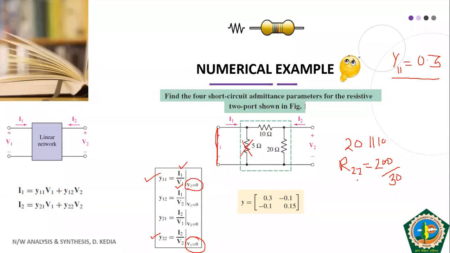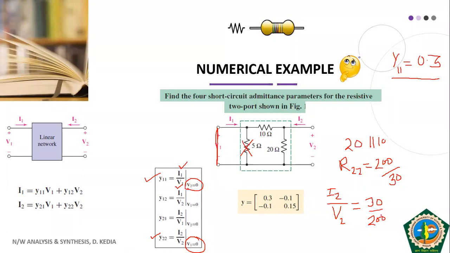Fine. And R22 is nothing but V2 upon I2. And what we want is I2 upon V2. So what will be I2 upon V2? I2 upon V2 will be equal to the reverse of this, that is your 30 by 200.